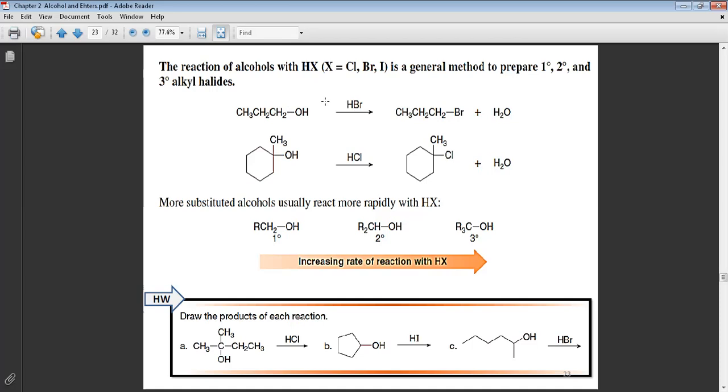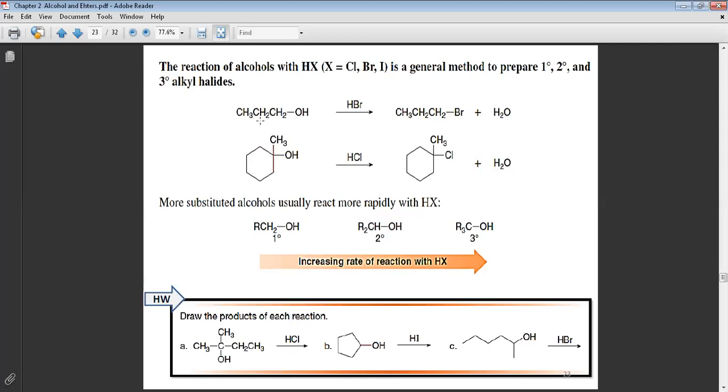Here the OH group will attack the proton, and then Br minus will attack, by either SN1 or SN2, depending on the structure of the alcohol.